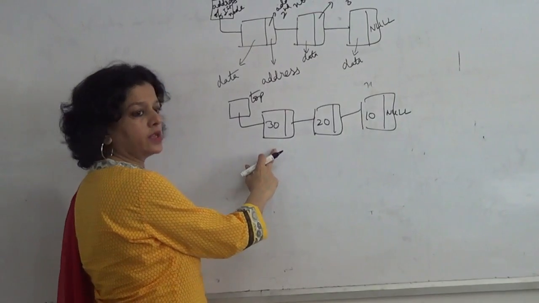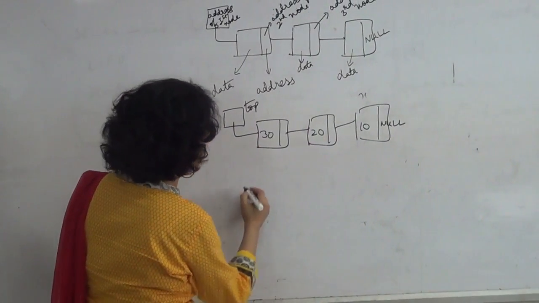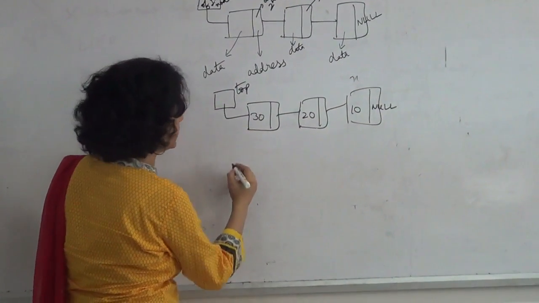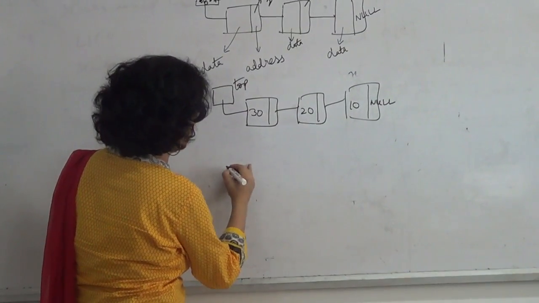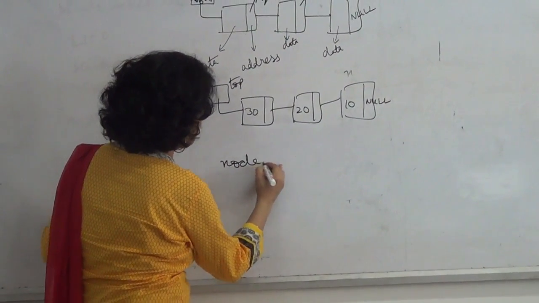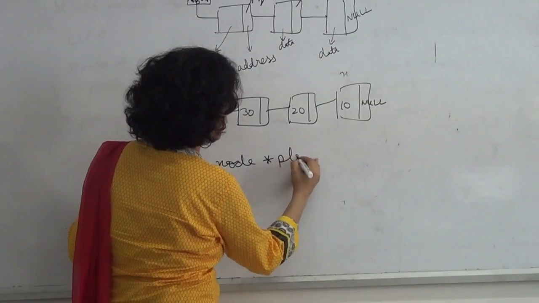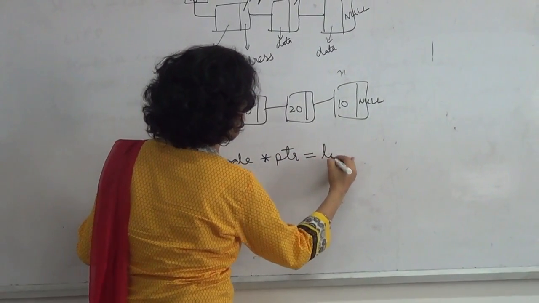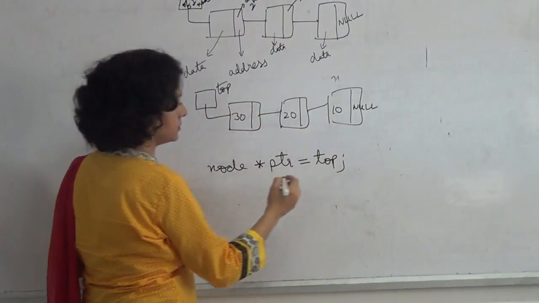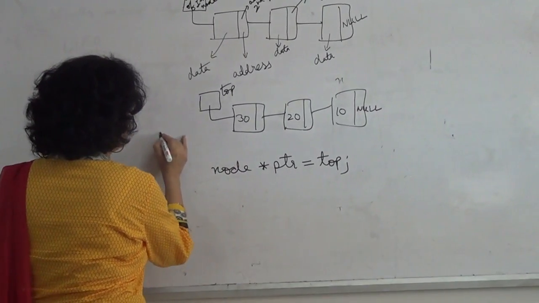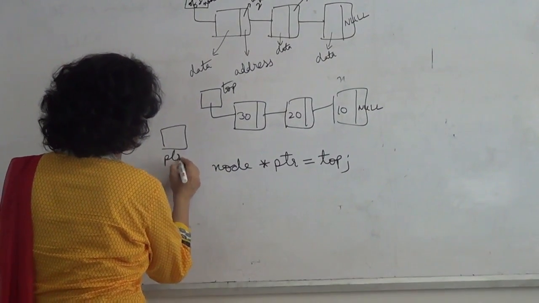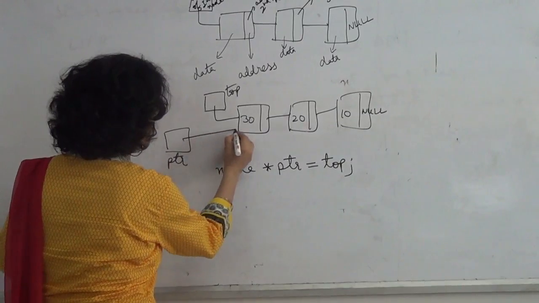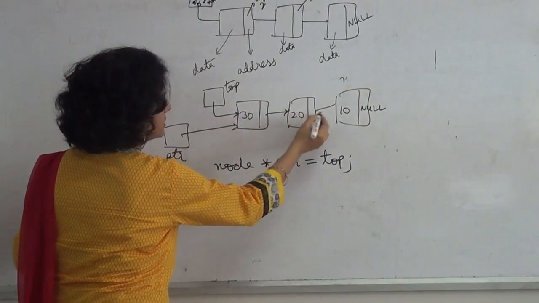Now to delete the very first node, I will store the address of this node in a temporary pointer variable. The statement for doing the same is node star ptr is equal to top. What will happen? A variable ptr will be created in the memory which contains the address which is contained by the top.